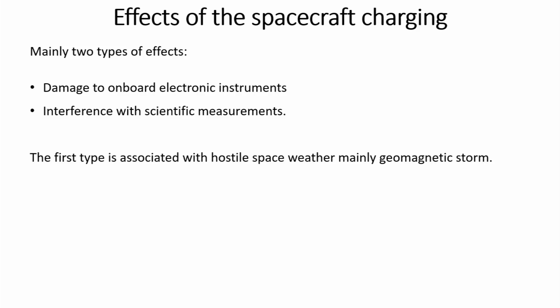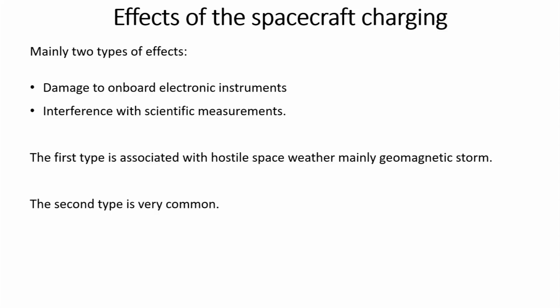But for the second type, the scientific measurements, the spacecraft will be charged whether it is low energy or high energy. So the interference with scientific instruments will always be there, and you have to design those instruments properly, considering that the spacecraft is not a neutral thing, it is a charged spacecraft.